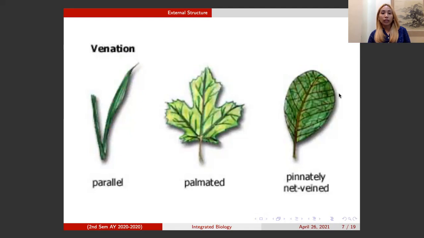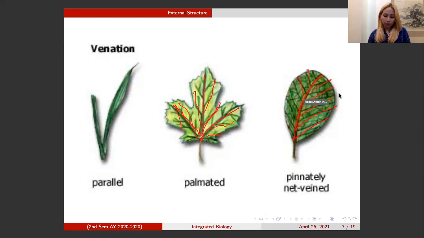Now there are two types of netted or reticular venation. If the venation starts from a single point, like you can see here, and from that single point all the veins radiate, then that is palmately netted venation. But in most leaves, what you will see is the pinnately netted venation, or net vein leaves, and this is what we normally use when we're drawing leaves.